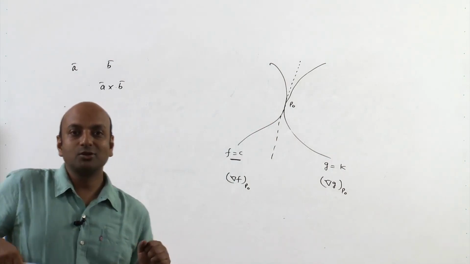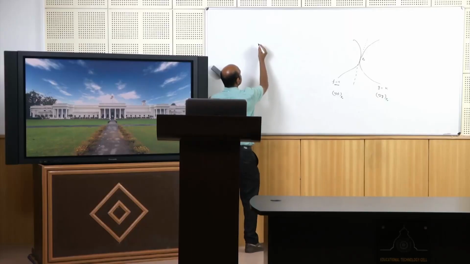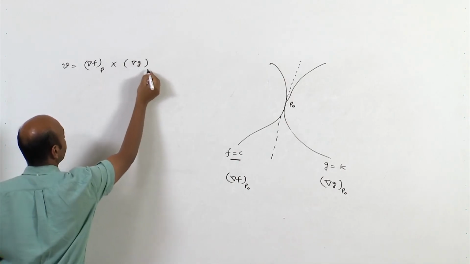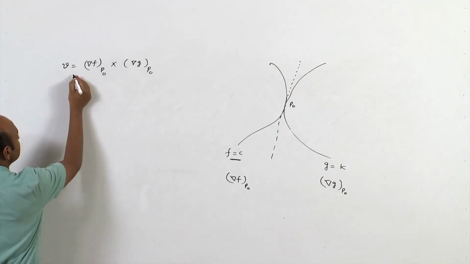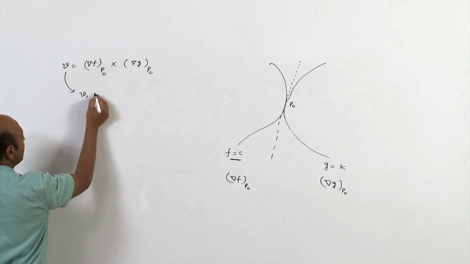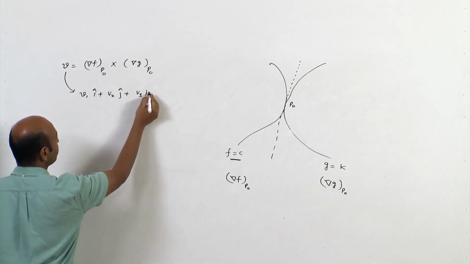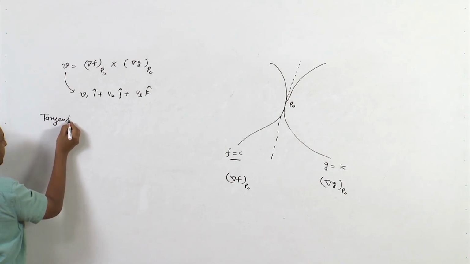Okay. So in this way we can get the equation of tangent line. Say V is the vector which is the cross product of these two vectors. Okay. And say this vector is V1 i cap plus V2 j cap plus V3 k cap. So, what will be the equation of tangent line at P naught?